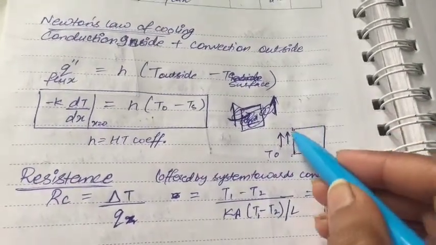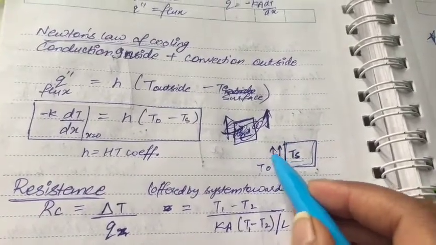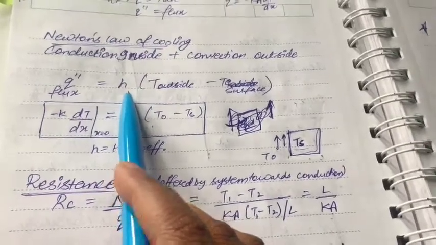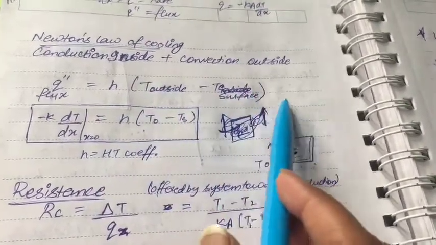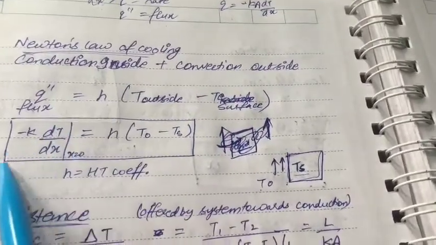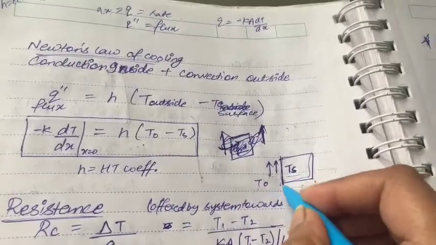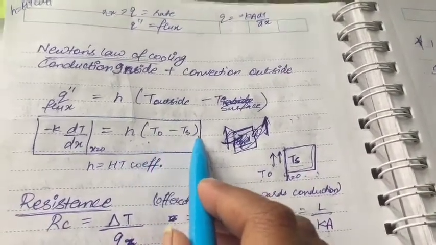So conduction is taking place inside the solid and convection at the outside surface. So the flux would be equal to h, which is heat transfer coefficient, into temperature outside minus temperature on the surface. And we know that flux is nothing but minus k dT by dx at x is equal to 0. At this point, at x is equal to 0, h into T0 minus Ts.